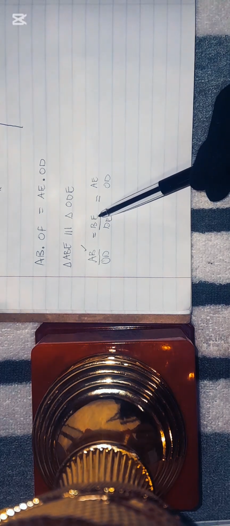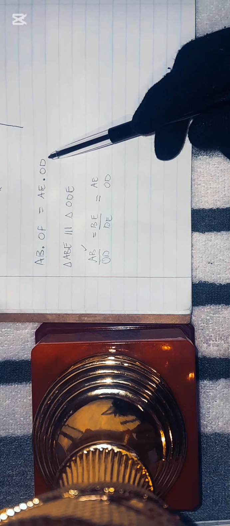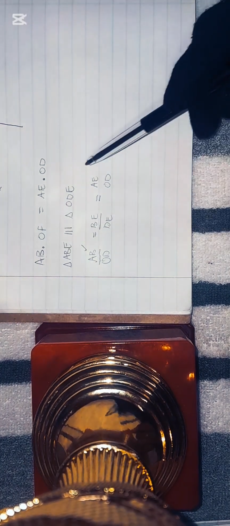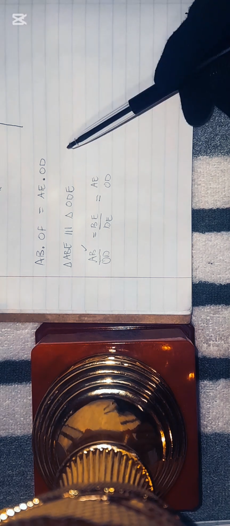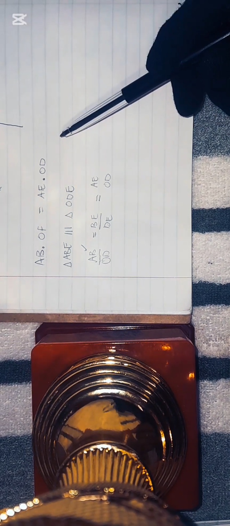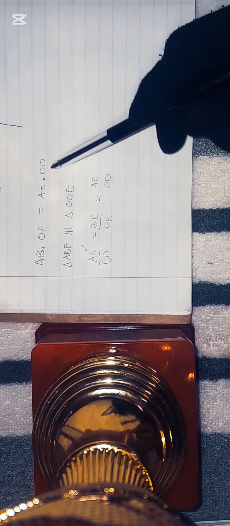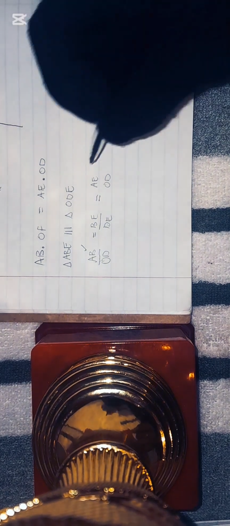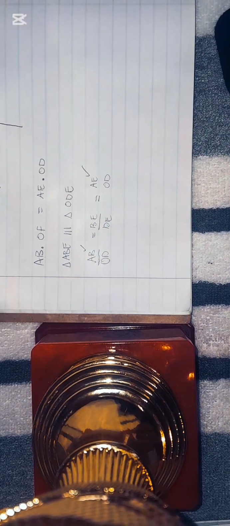BE, I don't have BE anywhere there. DE, I don't have DE anywhere there. So here we can see I do have my AE and my OD there. So I'll also consider that one.